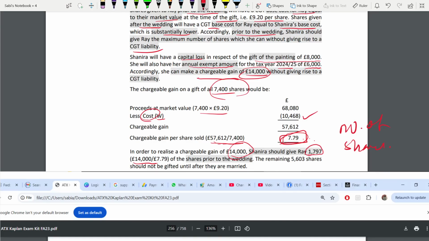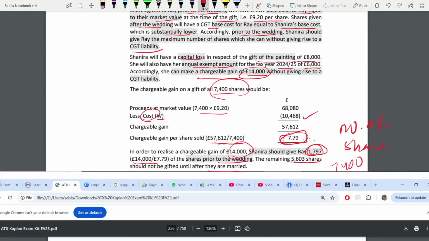this, 1797. So because it is 1797, that means out of 7,400 shares, 1797 will be given before the wedding. The remaining 5603 will be given after the wedding.